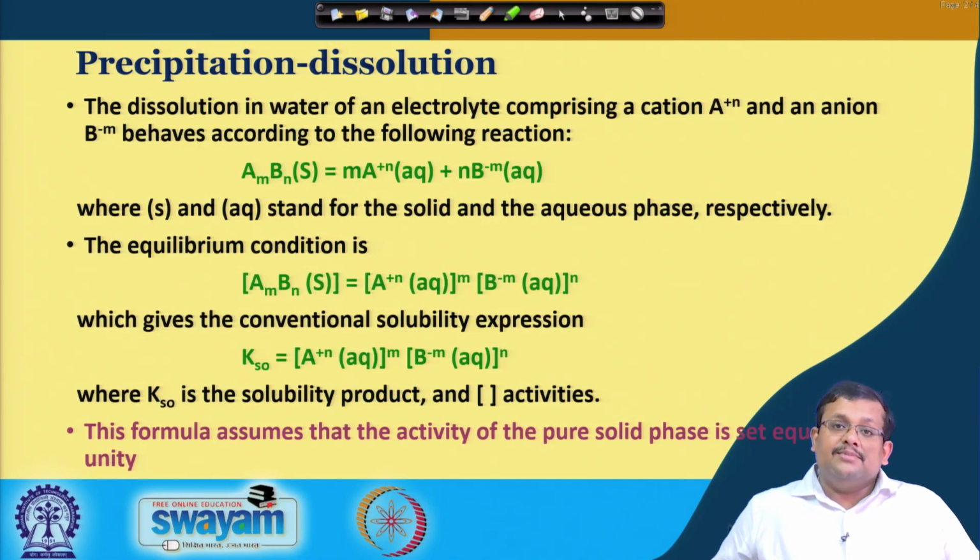And then, in terms of the dissolution in water of an electrolyte comprising cations and anions, we discussed this example in terms of the solubility product constant and the activities of those anions and cations.